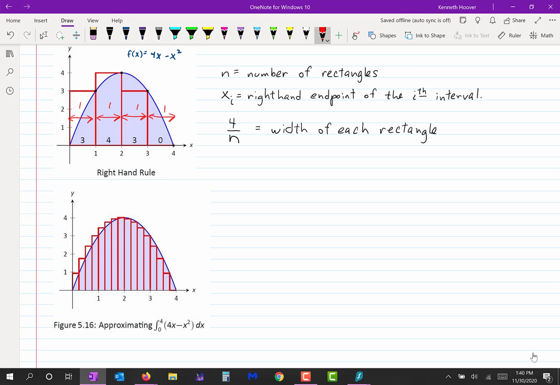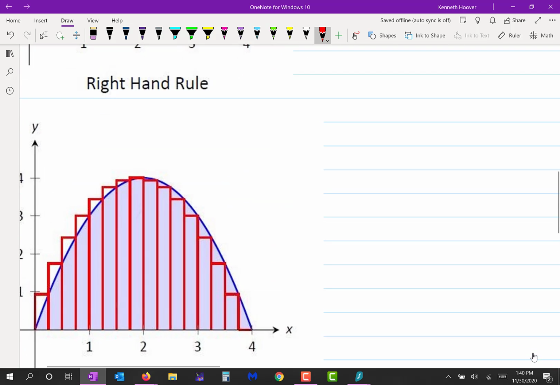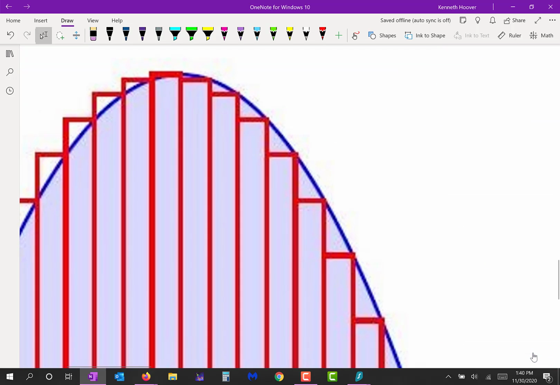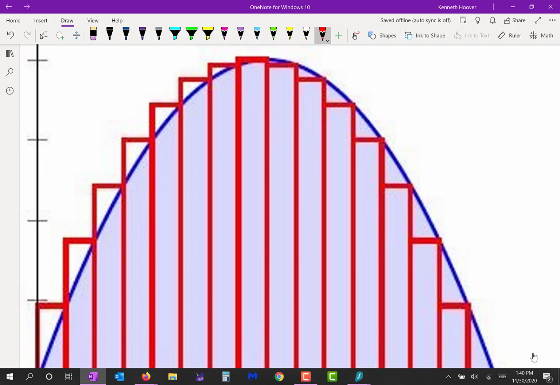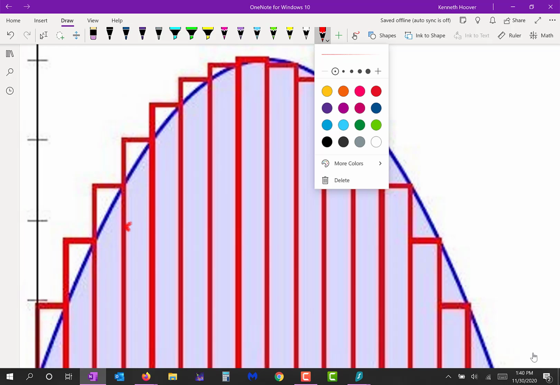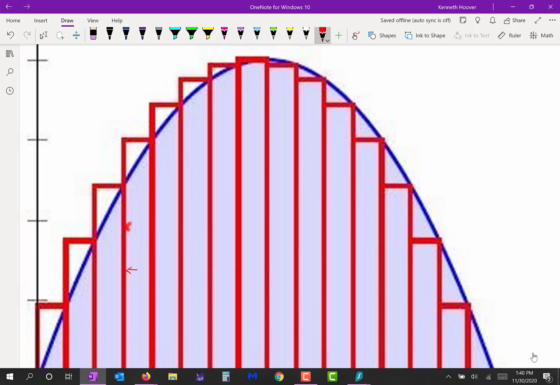In the bottom picture, they have divided into 16 rectangles. So let's zoom in there. Each rectangle would have a width of 4 over 16, which is 1/4.